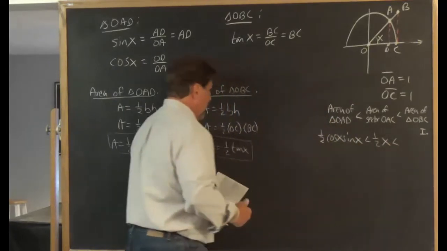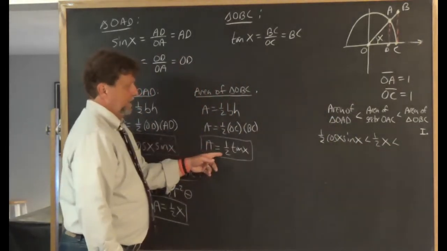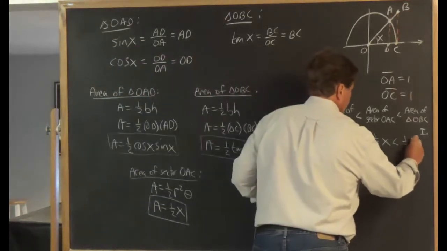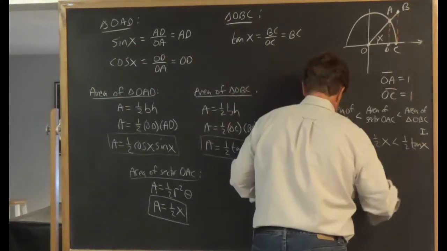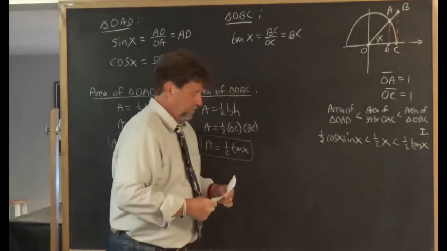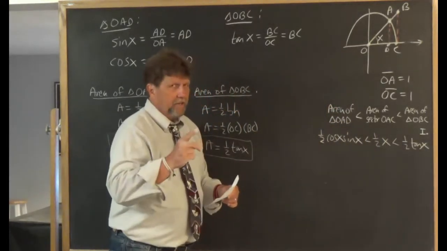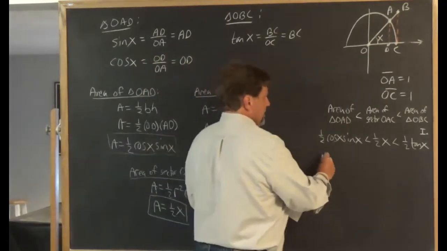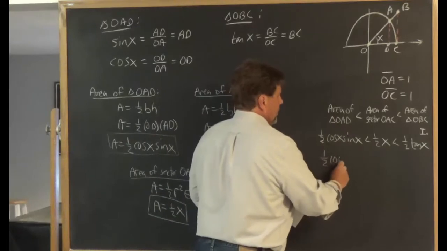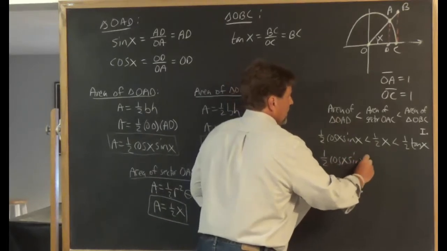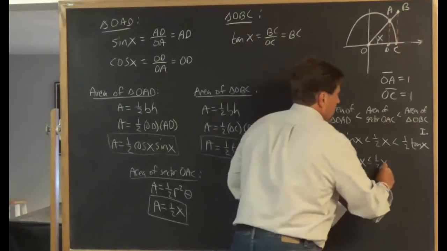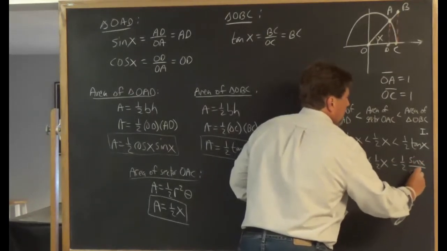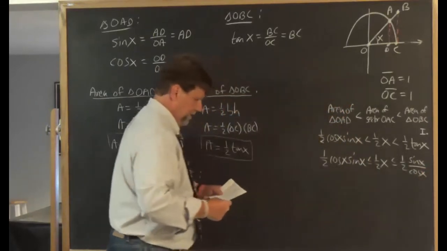And triangle OBC has an area of 1/2 tangent x. I'm going to rewrite tangent. We know tangent is sine over cosine. That way I'll see nothing but sines and cosines in here. So let me rewrite this compound inequality like that, using an old quotient identity.